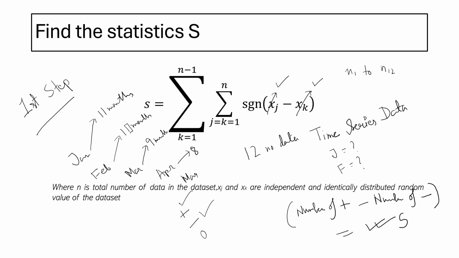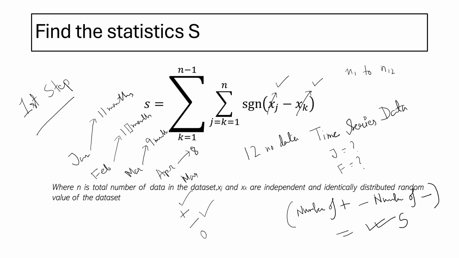Okay. So don't take the absolute value. If it comes in minus, suppose number of plus is less than number of minus, then certainly S will be negative. Let it be so. There is no problem with that. S may be positive, S may be negative, S may be 0 also. No problem with that.